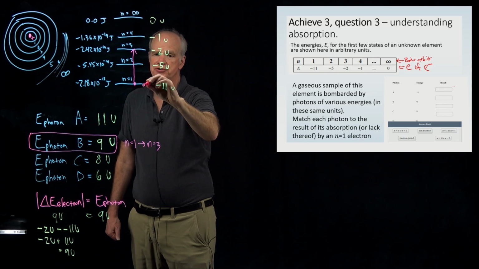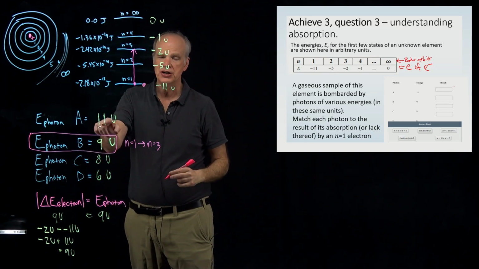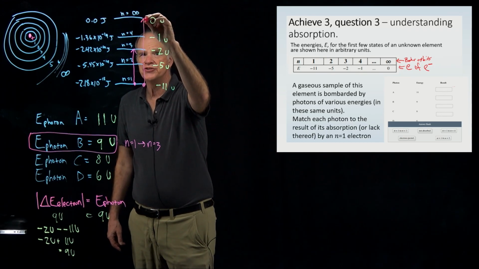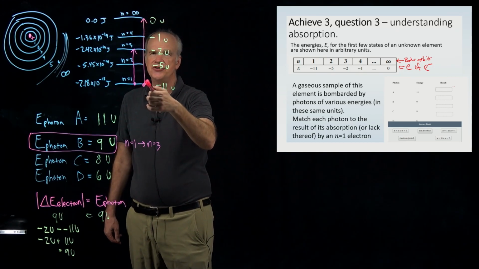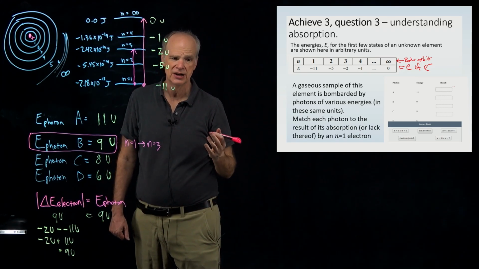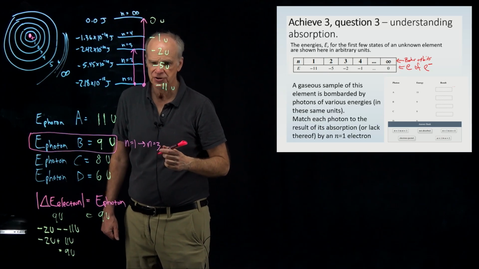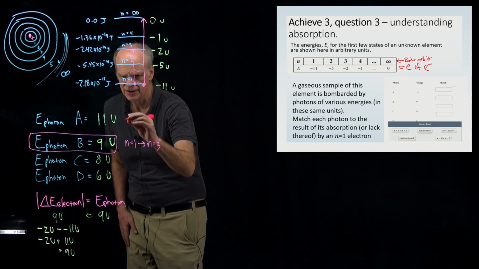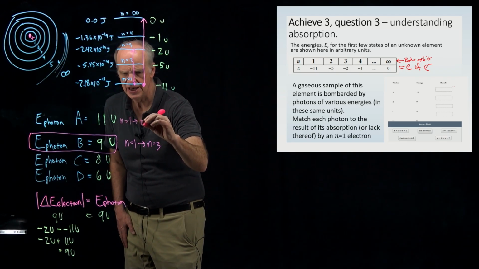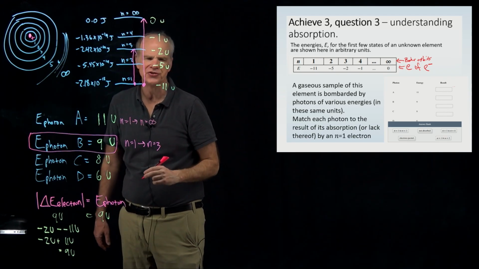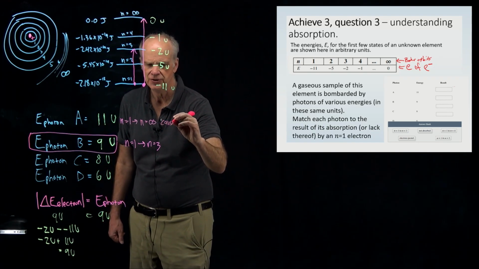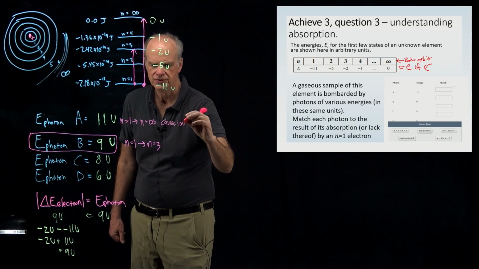So for this transition, where the photon is 11 units of energy, that will cause the electron to transition from n equals 1 to n equals infinity. In other words, the electron is completely off the atom. So the answer here, I think, is going to be n equals 1 to n equals infinity. If that answer is not available, then it may be something like causes ionization.